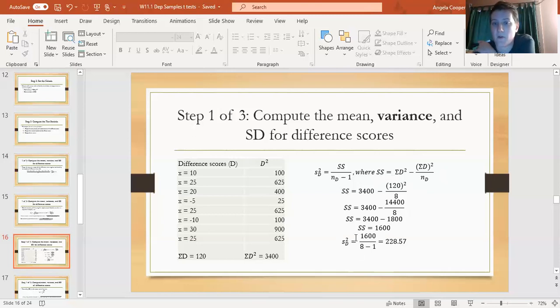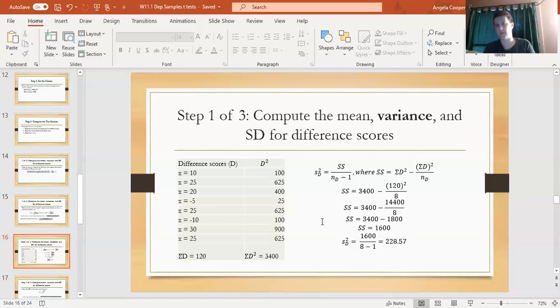So number of different scores is 8 minus 1. So 1,600 divided by 7 is rounded off to 228.57. So there, we have our variance for the different scores, which is 228.57.